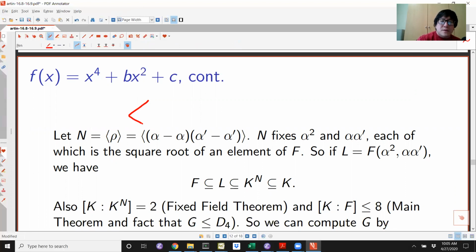So let N be the subgroup generated by the permutation that switches alpha and minus alpha, and at the same time switches alpha prime and minus alpha prime.